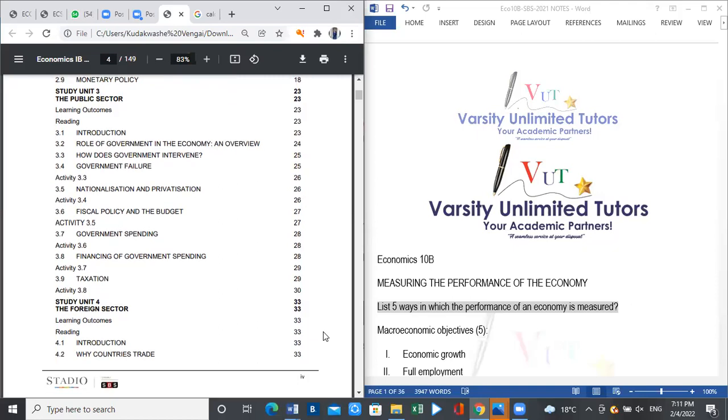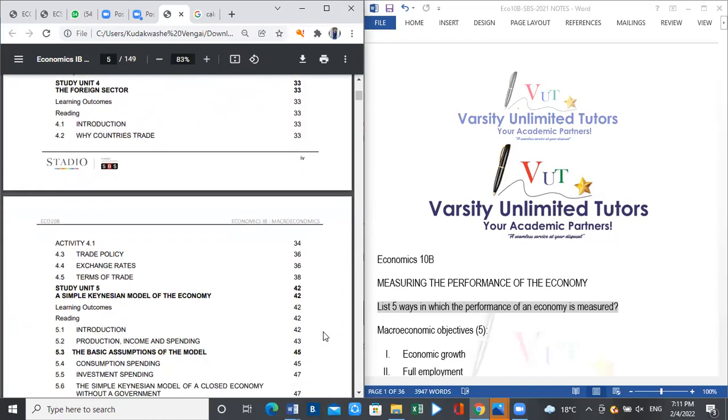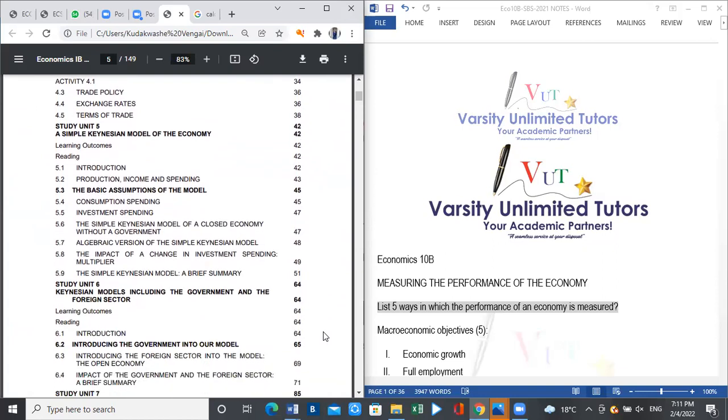Then the fourth unit, we'll be having a look at the foreign sector, whereby we are trying to understand what happens with an economy when it trades internationally with other economies, what determines exchange rates, as well as the various effects of trading with other countries.